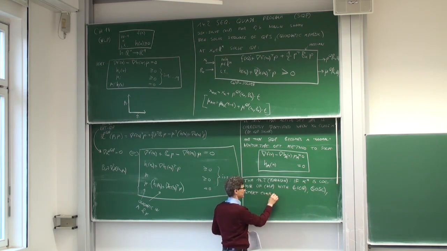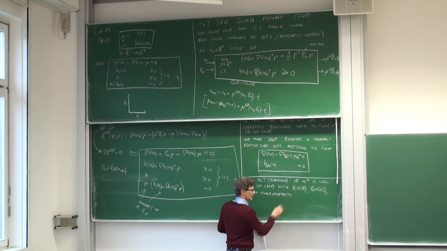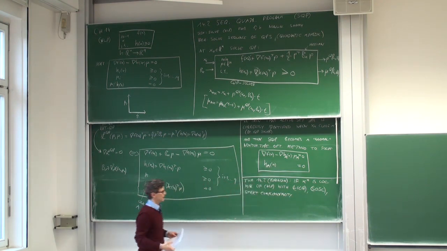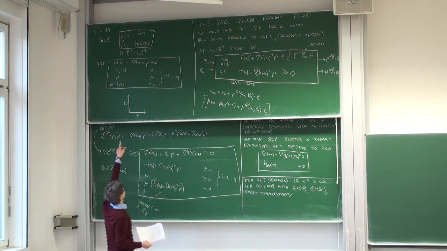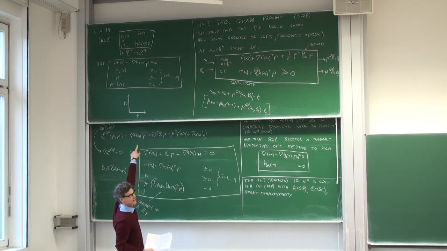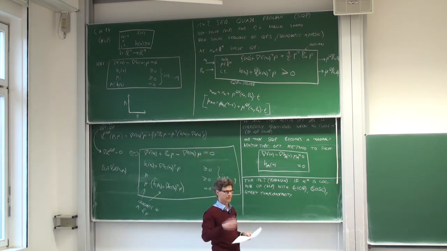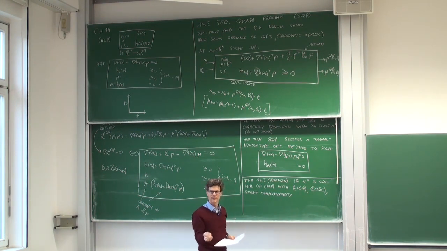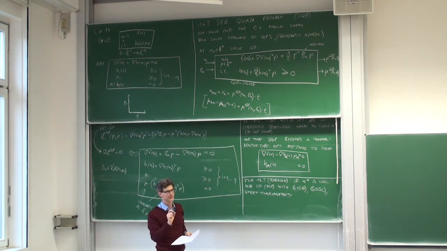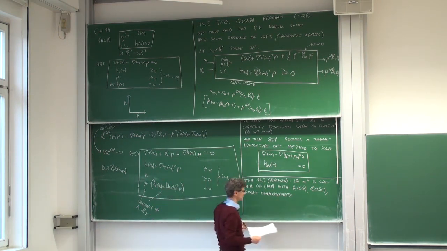I think I defined it, but I recall it. It means that the multipliers and the inequality constraints are not at the same time zero. So that means all multipliers of active constraints are strictly positive. That's what strict complementarity means.